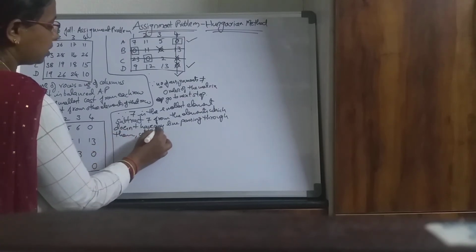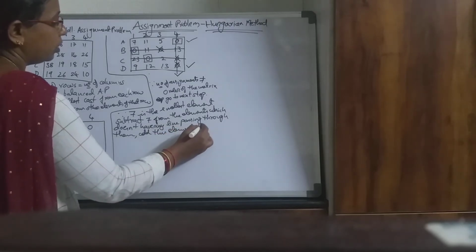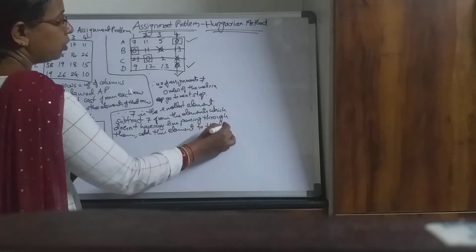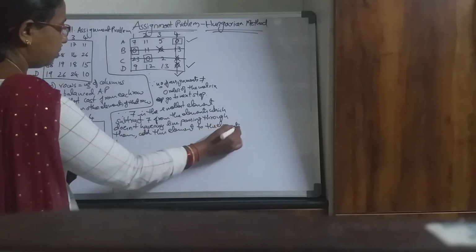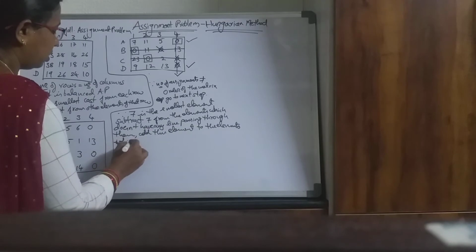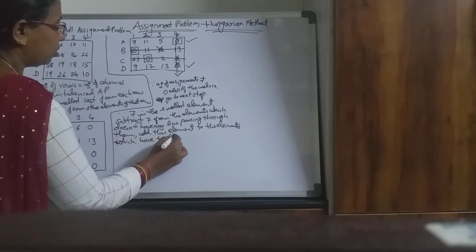Add this element to the elements which have 2 lines passing through them.